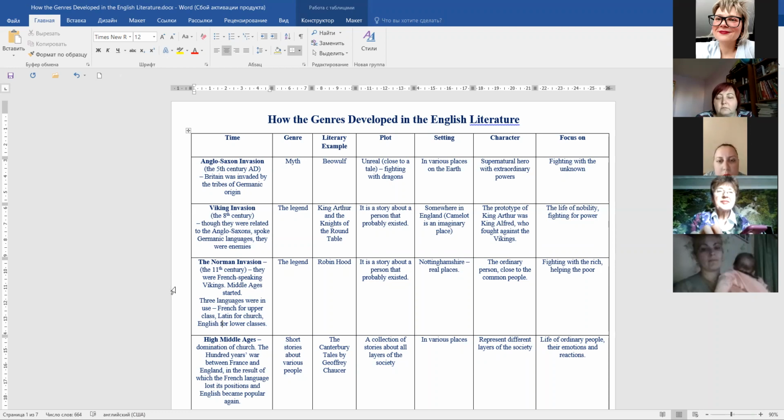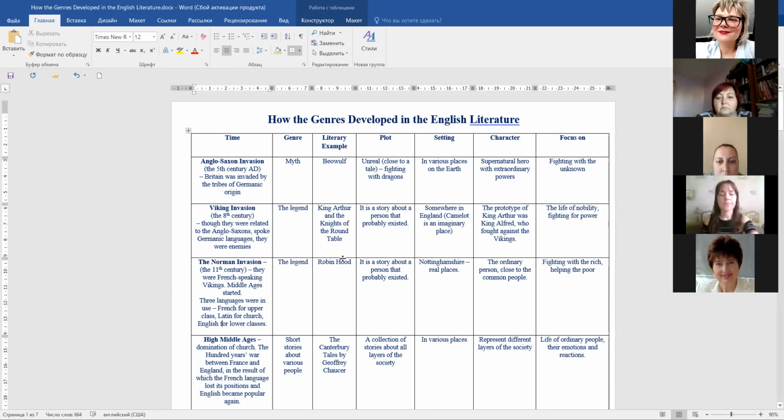And we still have the legend, but the legend now is the legend about Robin Hood. Let's compare Robin Hood to King Arthur. The difference is that this time the main character fights against the rich. So you see, it comes closer and closer to the ordinary person.